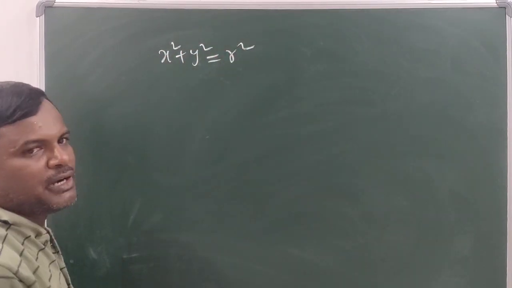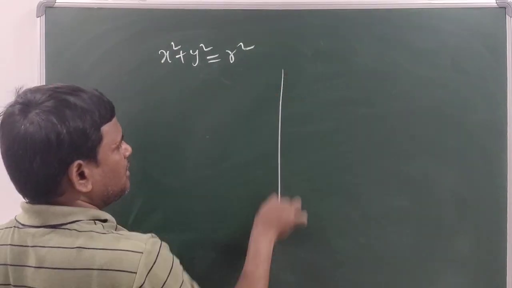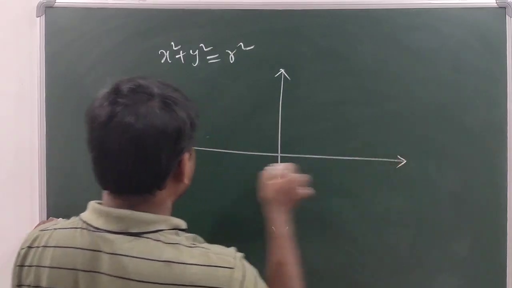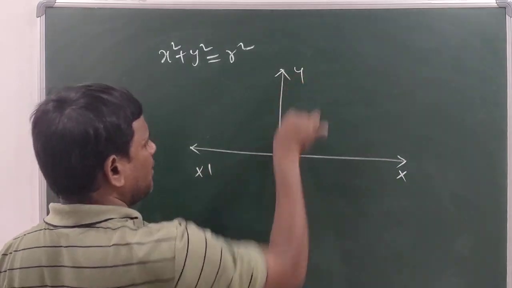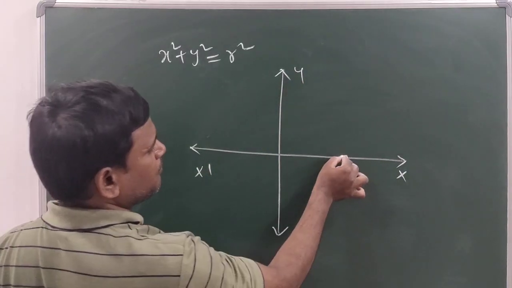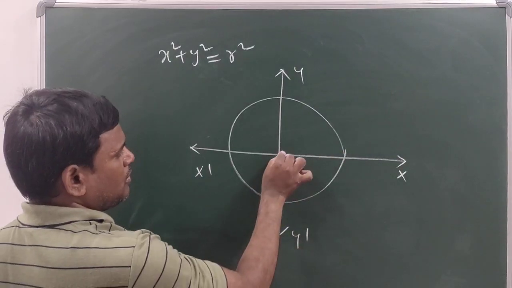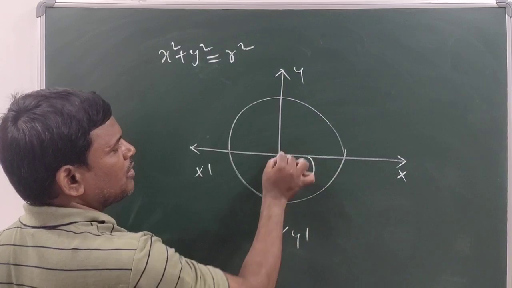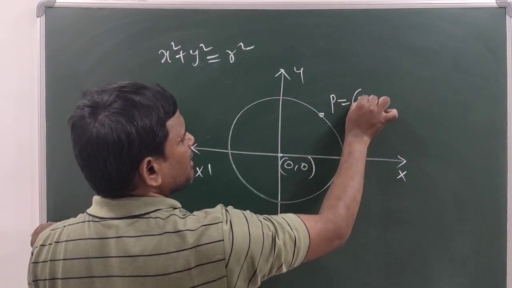First let us see the parametric form of a point on this circle. See here. x', y'. Whose center is (0, 0). And here I am taking one locus point over here, (x, y).